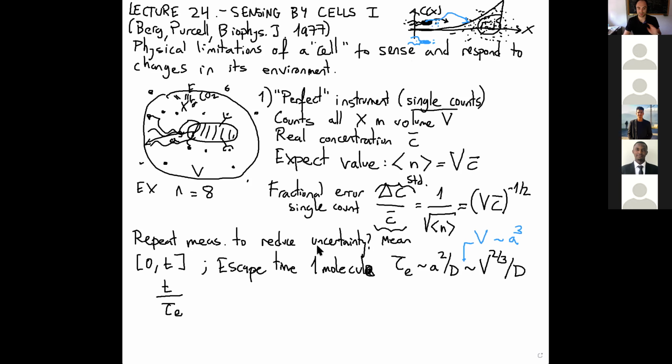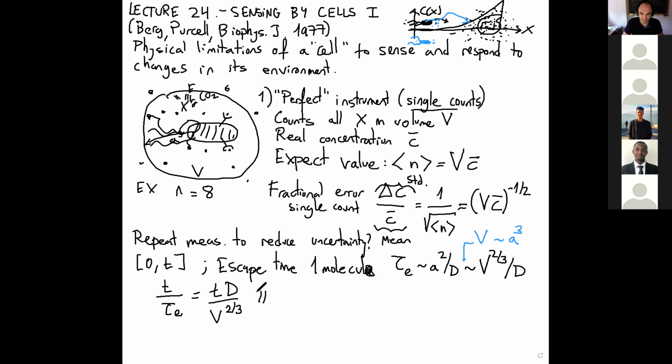No? Okay, fine. So now what I'm discussing is how many independent measurements, or photographs, I can do in time T. So this is the total time divided by the escape time. So it's the time I need to reshuffle my statistics. If I divide T by this, it's T D divided by b to the 2/3.